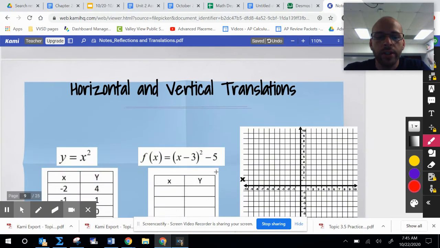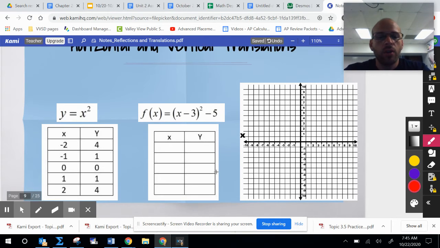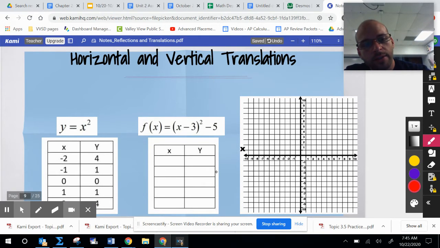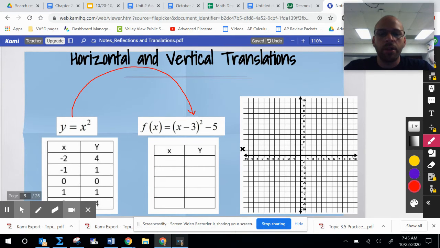I think I got one more of these. Oh, we're going to do it to a table of values now. Okay, so first, let's figure out what are the transformations that were taking place from our basic quadratic to f of x, right?